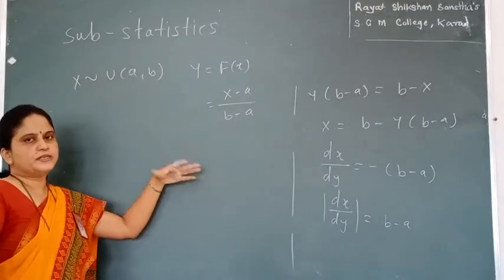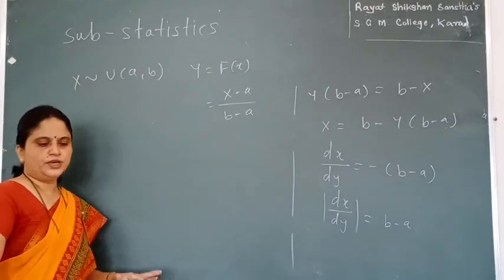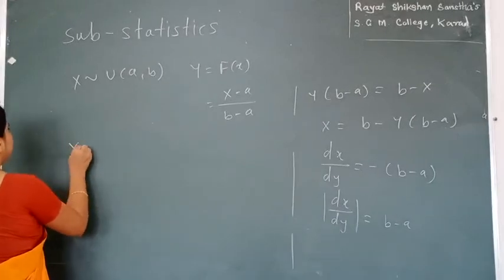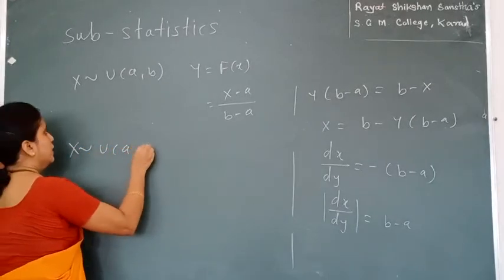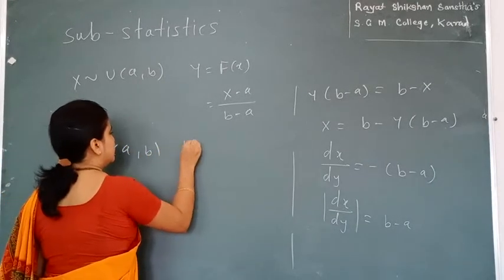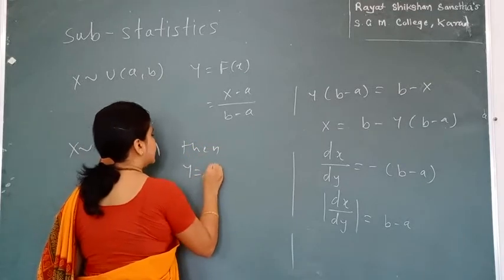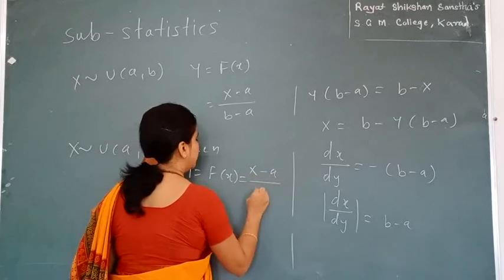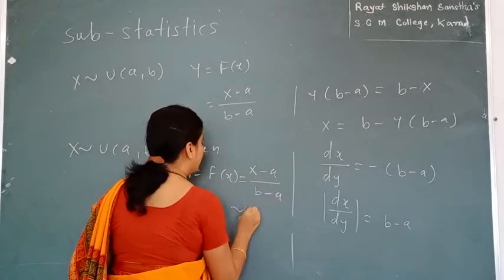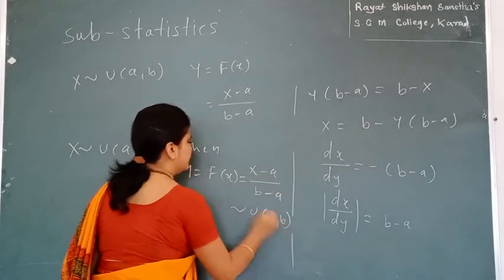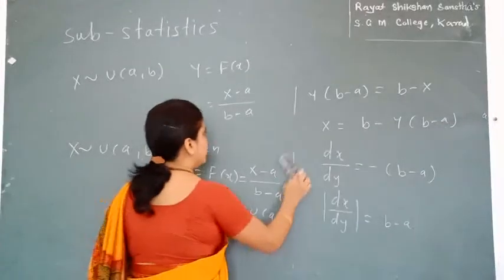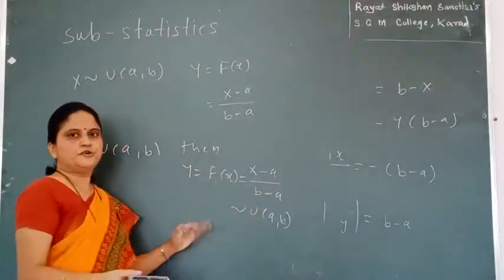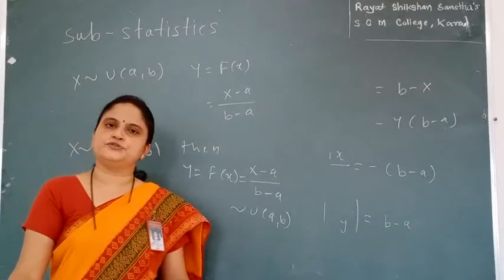So the first problem and third problem are the same. So if your x follows uniform distribution over AB, then your y, which is equal to fx, where fx is x minus a divided by b minus a, follows uniform 0, 1. Okay, so this ends my first topic, that is uniform distribution.